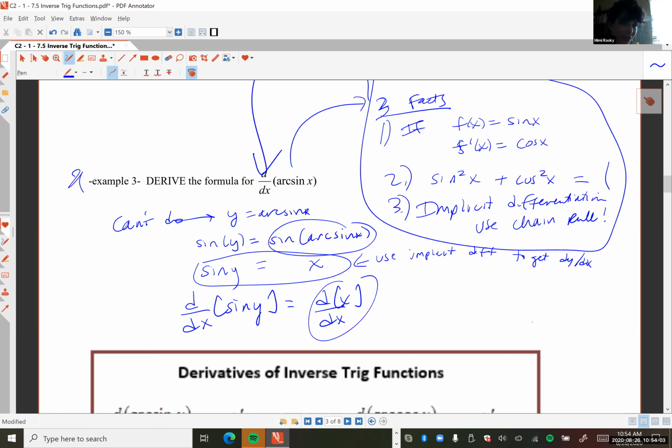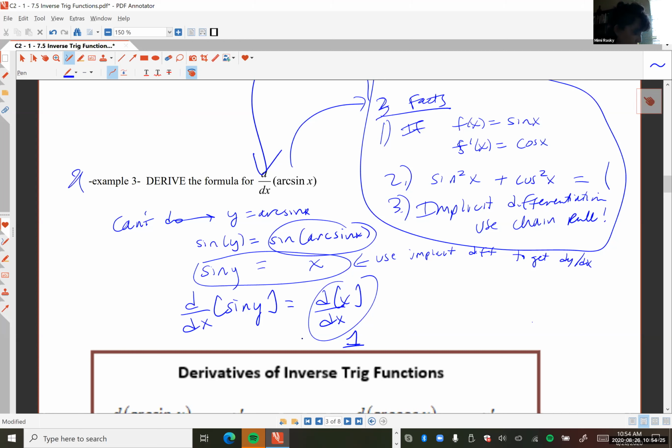Let's do the one side first because it's easy. Everybody in the room should know, what's the derivative of x with respect to x? It's 1. Thank you. That side is just a 1.